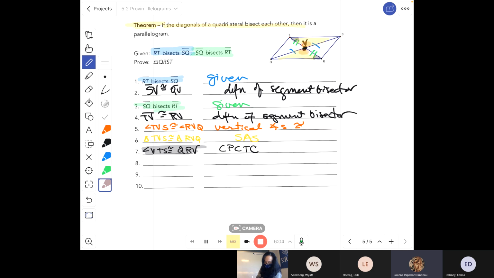So that means we have two parallel line segments. Okay, so since those alternate interior angles are congruent, we have TS is parallel to QR. But not only are they parallel, what else do I know?